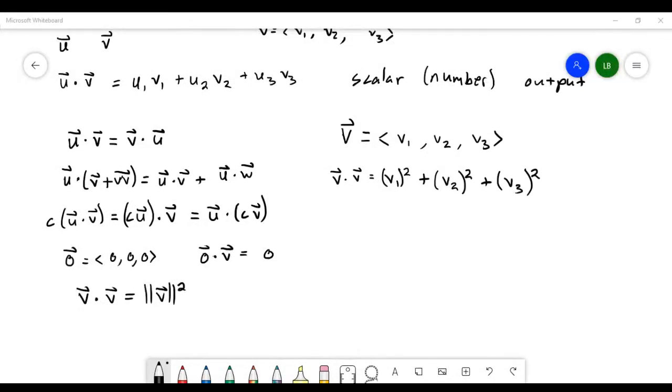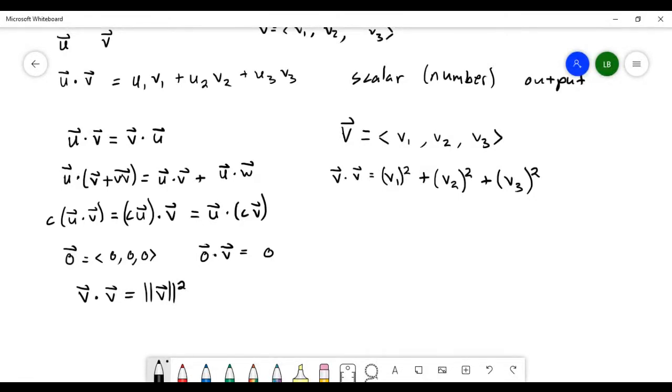Well, if you notice, the magnitude of v is actually the square root of all these components squared.